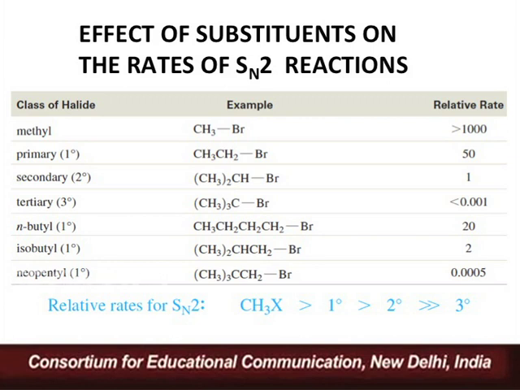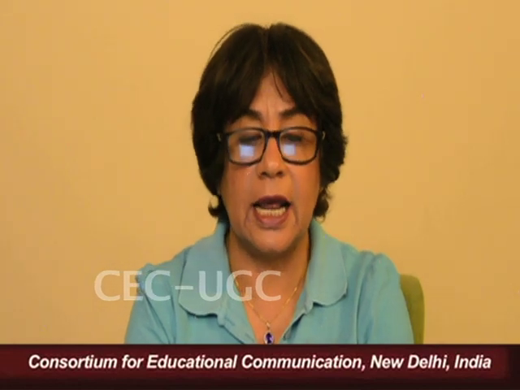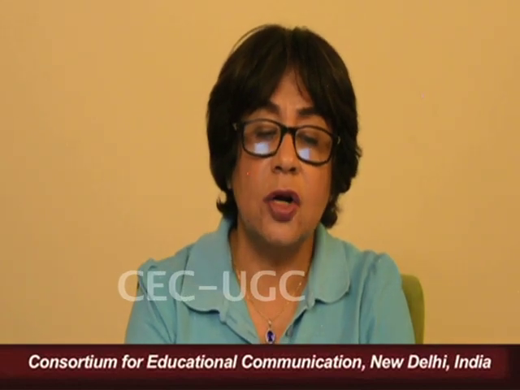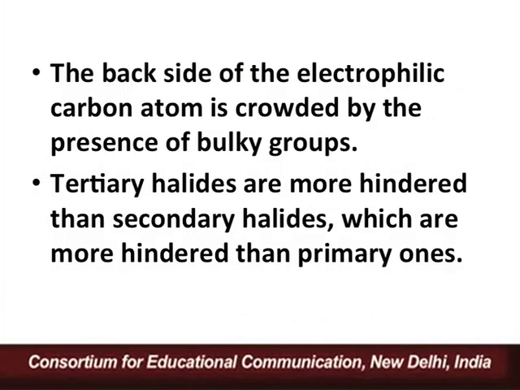What could be the possible reason for this difference in reactivity? If we look at the structures of the alkyl halides, we can say that all slow reacting compounds have one property in common. That is, the backside of the electrophilic carbon atom is crowded by the presence of bulky groups.